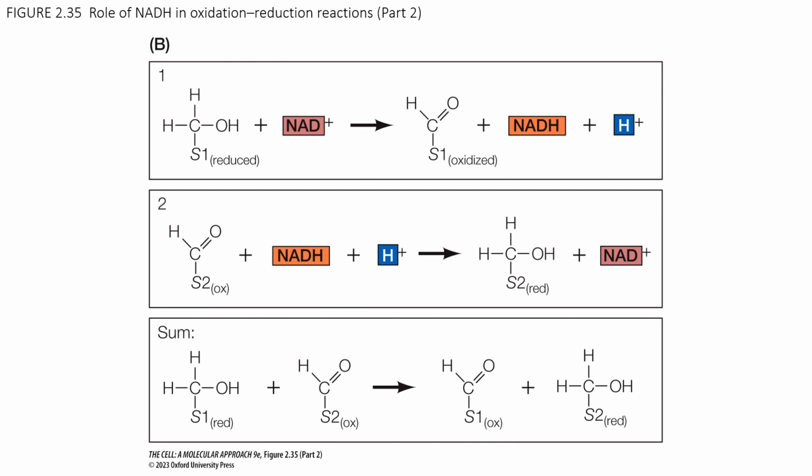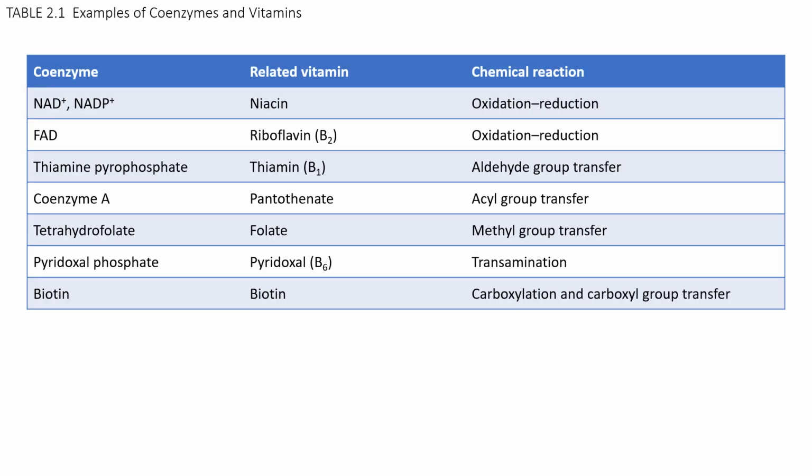So the net reaction is a reversal here of a started reduced S1 and oxidized S2, whereas we'll complete it now with a reversal into the S1 being oxidized and S2 now being reduced, all because of the NADH, NAD plus electron shuttle.